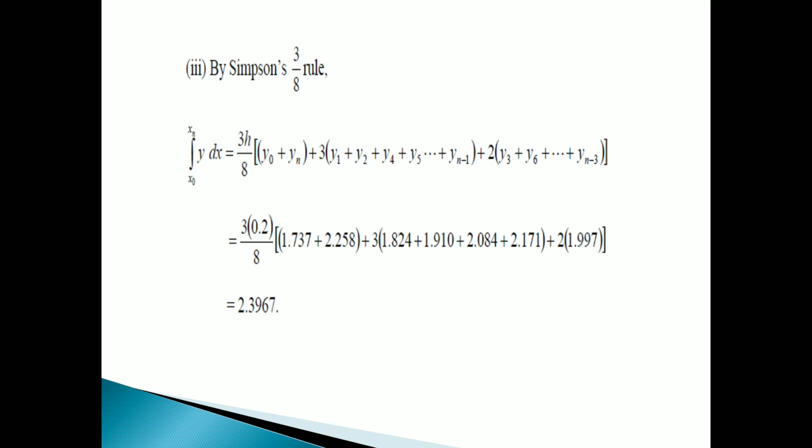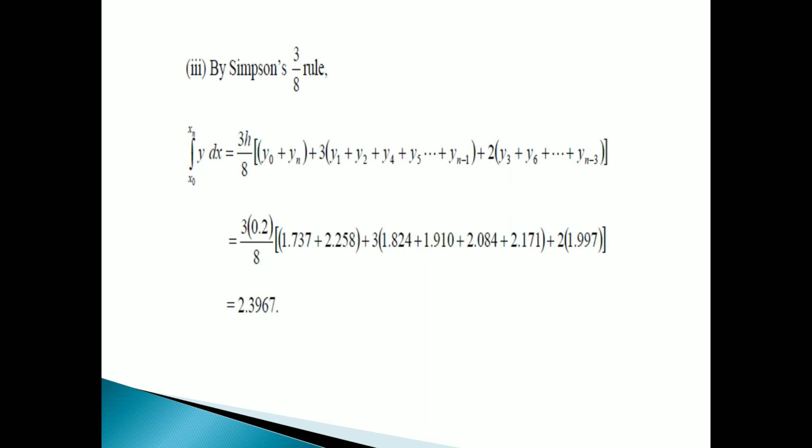And by Simpson's 3/8 rule, which is given by 3h by 8 into the bracket y0 plus yn plus 3 times y1 plus y2 plus y4 plus y5 and so on plus yn minus 1 plus 2 times y3 plus y6 plus y9 and so on plus yn minus 3.